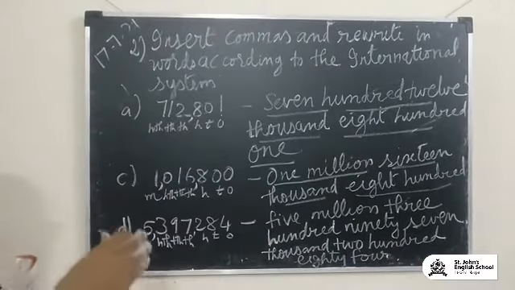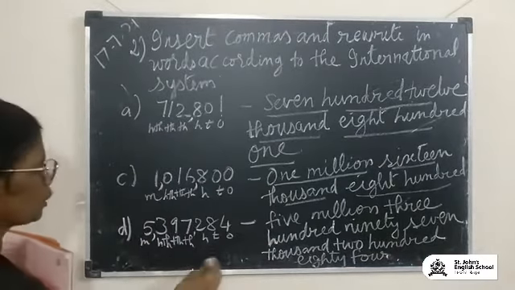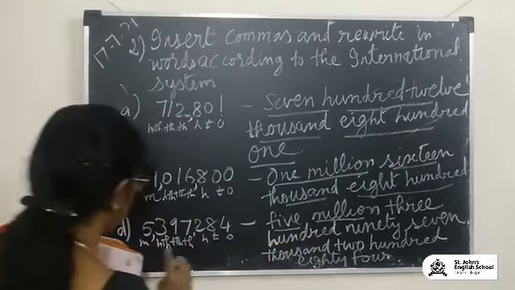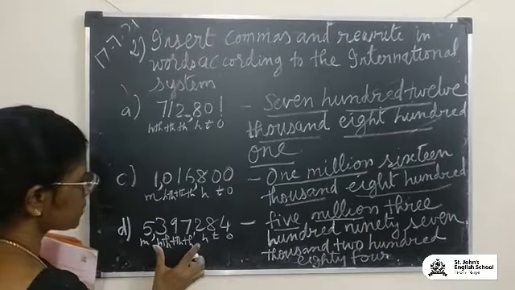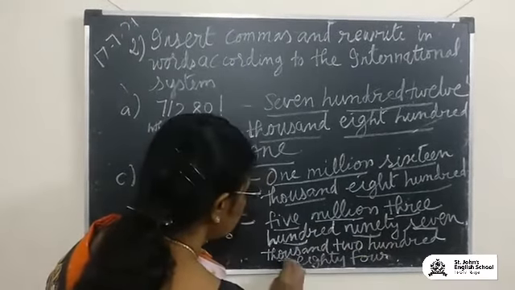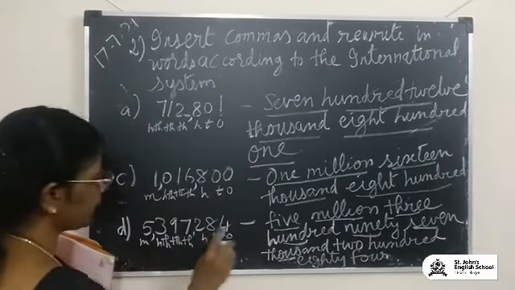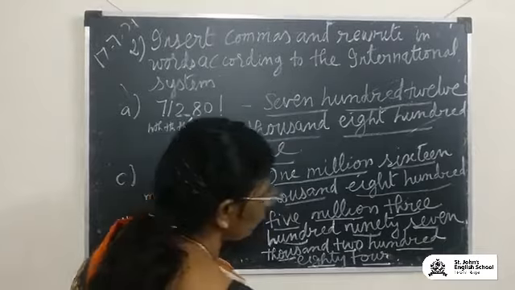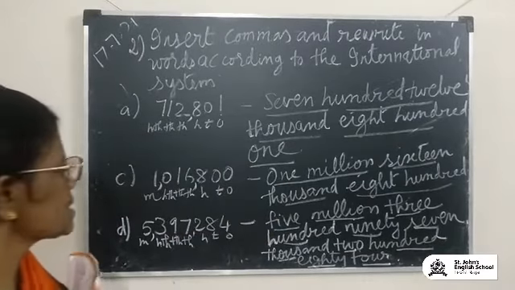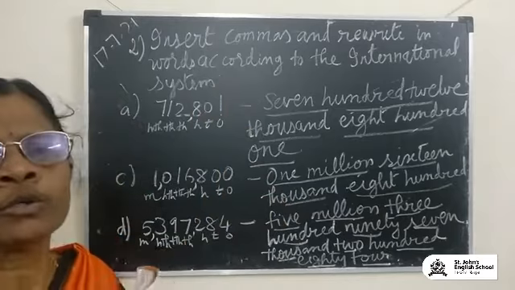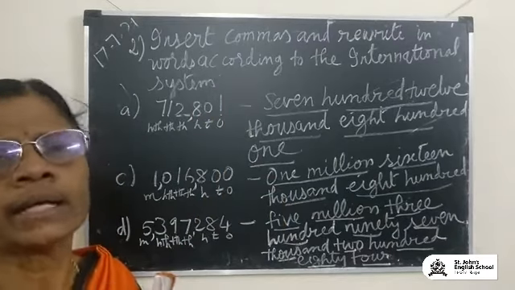This number has all the digits, so I wrote that sum also. This is the international system, how to put the commas and read the numbers.